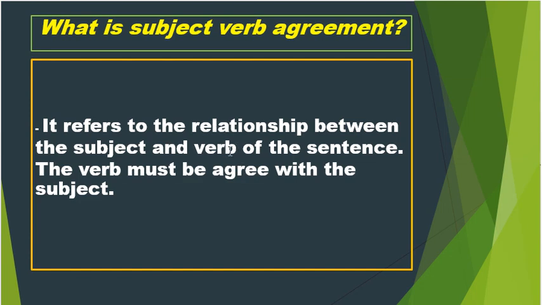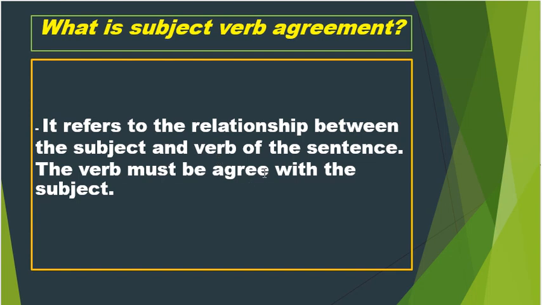Remember, a verb is an action word and the subject is the one who makes the action, the person of the sentence or of the grammar. The verb, or the action, must agree with the subject.